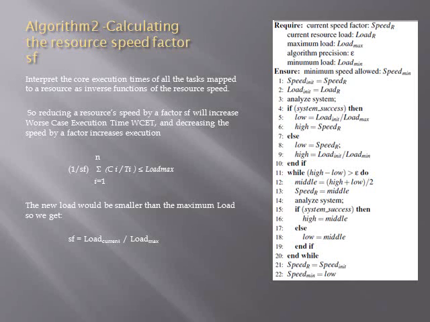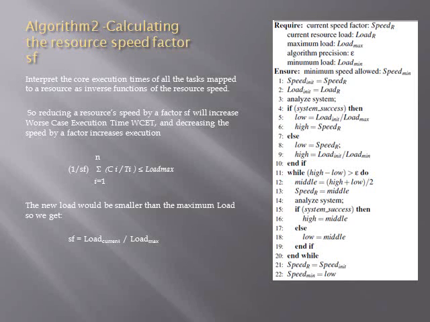The second algorithm is to calculate how much we can vary the speed of a resource in the system. If we take the core execution times for each of the tasks that use a resource as inverse functions of the resource speed, then reducing the speed of the resource by a factor will increase the worst case execution time of the tasks that use it, and vice versa.